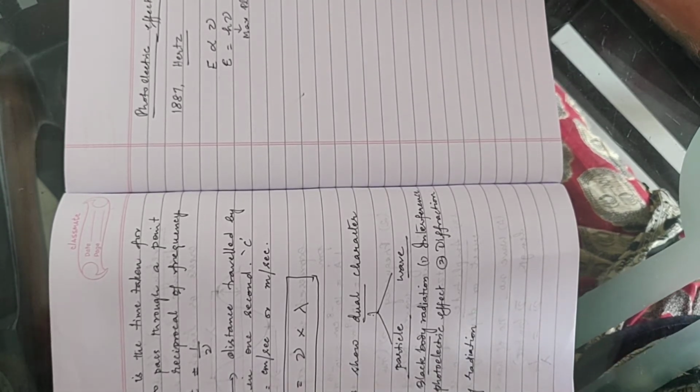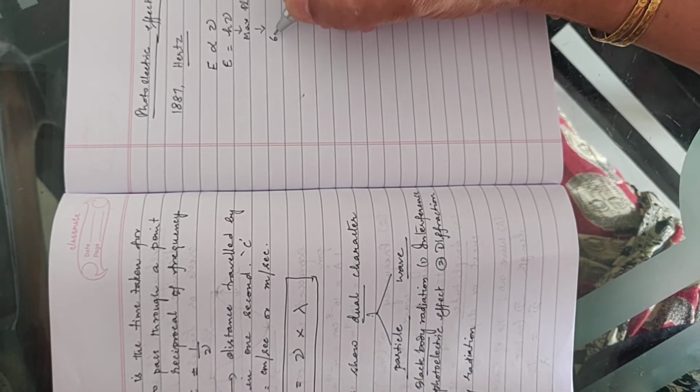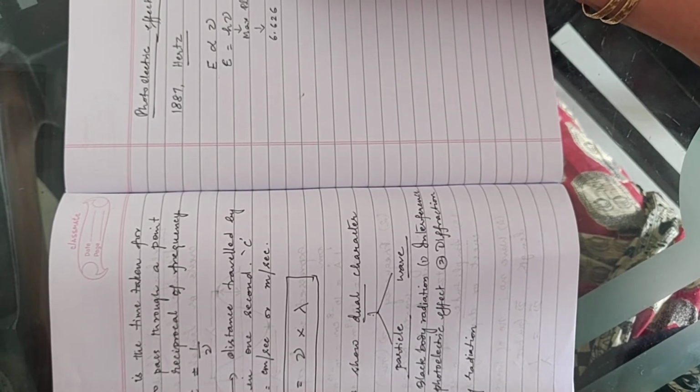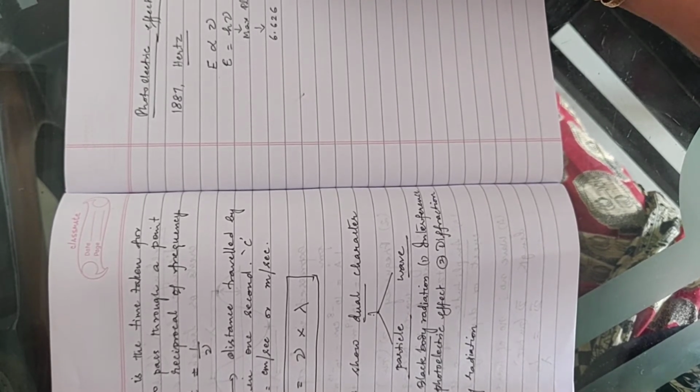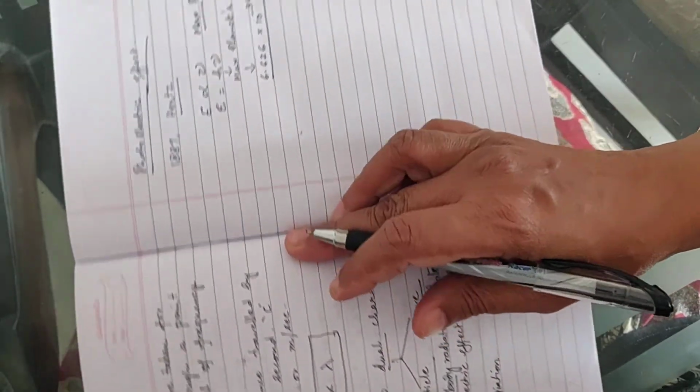What is the value of this constant? It is 6.626 into 10 raised to the power minus 34 joule second. This is the value of Planck's constant.